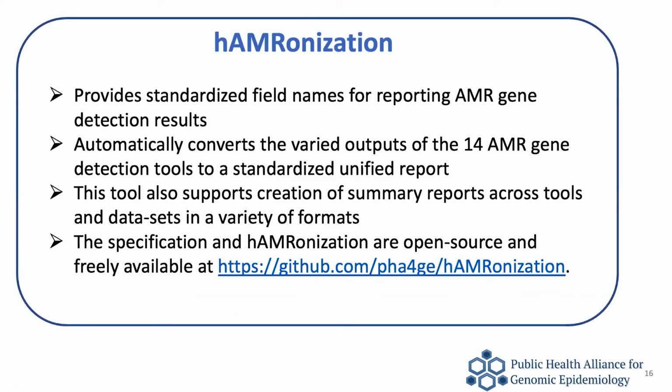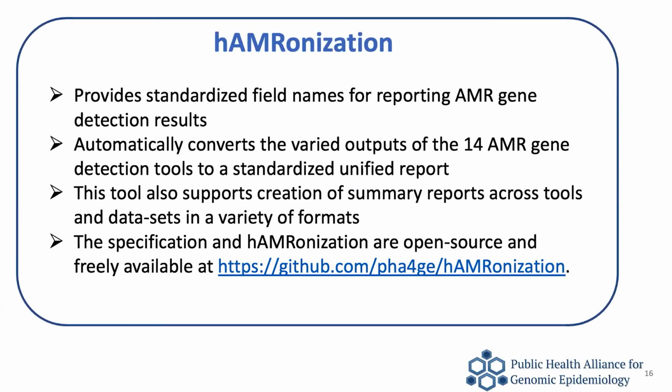hAMRonization provides standardized field names for reporting AMR detection results, but also provides definitions, guidance, and ontology identifiers to validate these values. It automatically converts the various outputs of 14 AMR gene detection tools to a standardized unified report. This tool also supports the creation of summary reports across tools and datasets in a variety of formats: tabular, JSON, and interactive HTML that is viewable in a browser.